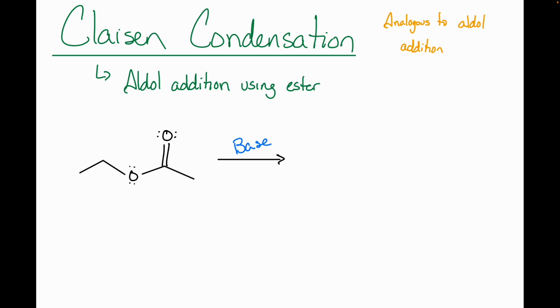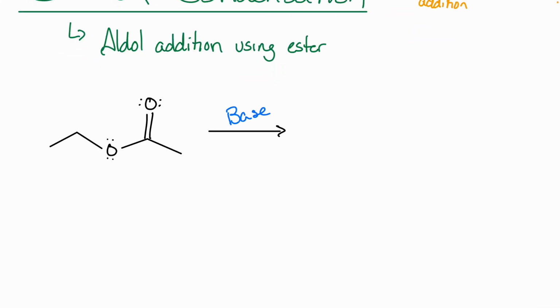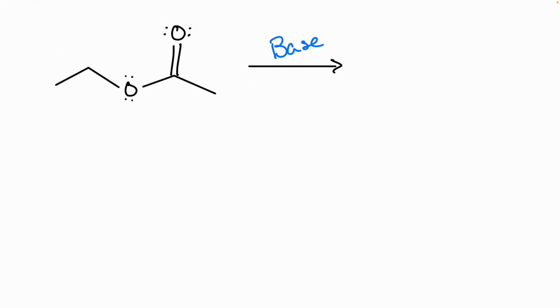We'll talk about what base we use here in a minute. But notice that an ester, just like an aldehyde and a ketone, has an alpha carbon. And we know alpha carbons can play the role of what? Nucleophiles or electrophiles? Nucleophiles. And esters also have carbonyl carbons. And we know carbonyl carbons play the role of what? Nucleophiles or electrophiles? Electrophiles, right?